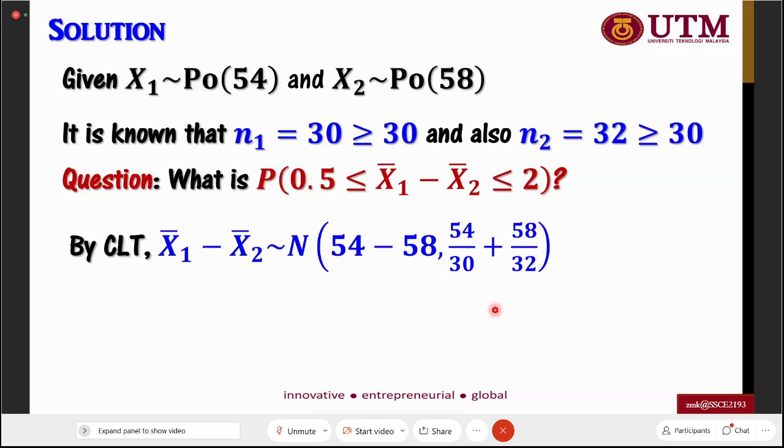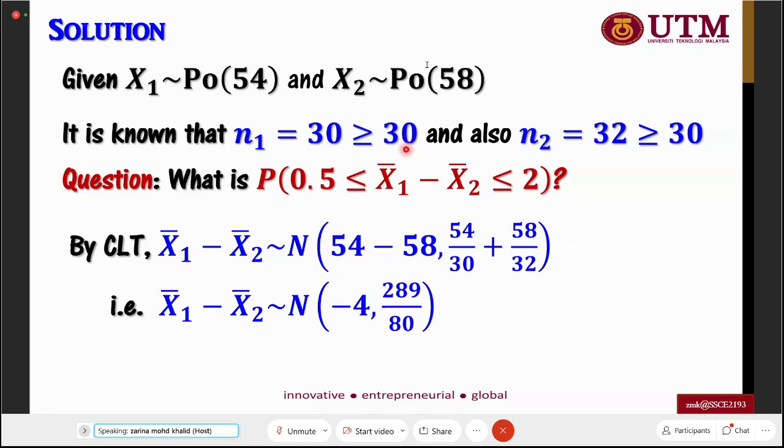Is it possible to have a negative mean? Yes, possible, because this is a location measure, and you're talking about the difference.